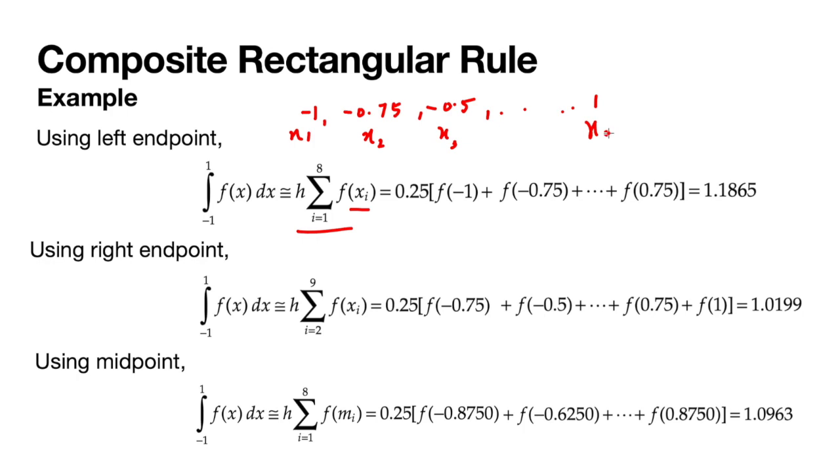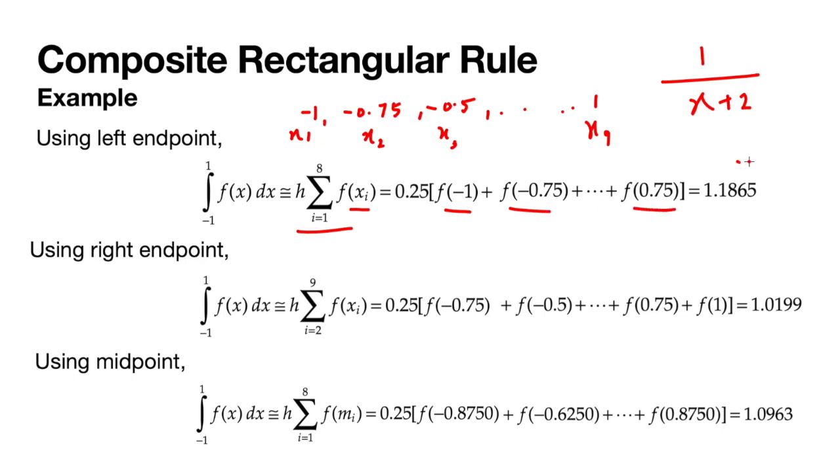So based on the formula, we calculate from i equal to 1, this is f of x1. We have to calculate the function value, where the function is 1 over x plus 2, I guess. So I'll just put the value of x here and get the function value at x1, x2 to x8.